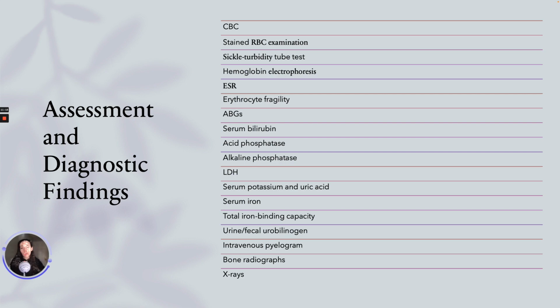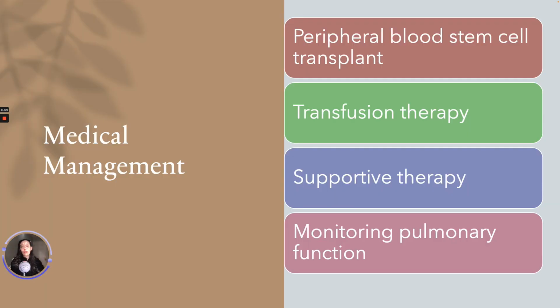So the medical management of patients with sickle cell anemia includes peripheral blood stem cell transplant. This can actually cure sickle cell anemia. However, it's only available to a small subset of affected patients, because there's either a lack of a compatible donor or because severe organ damage is a contraindication.